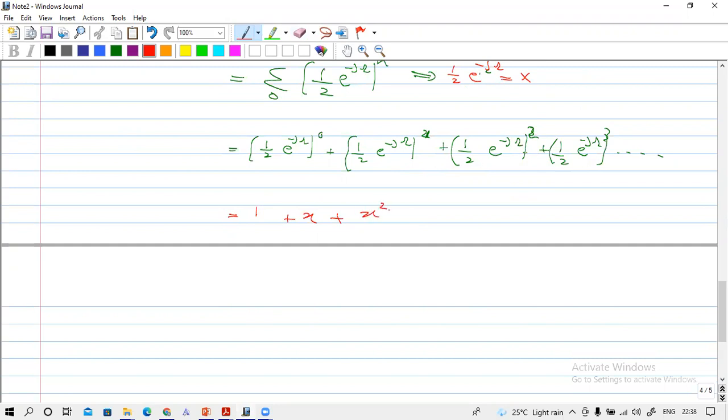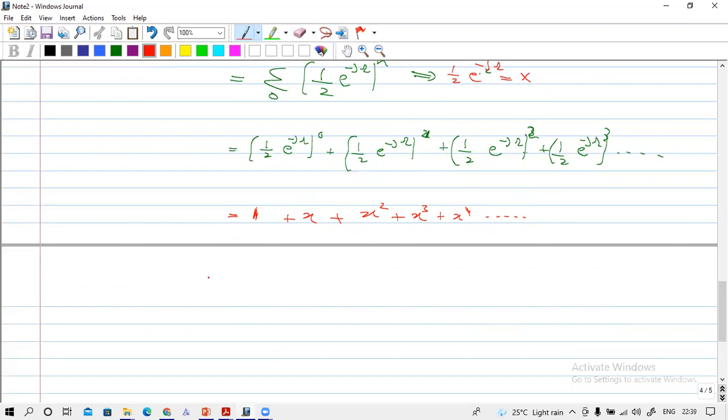So we have x squared, x, x to the power 3, x to the power 4, up to infinity. This kind of expansion we get.